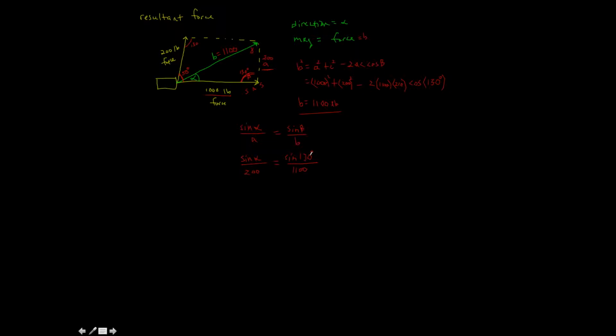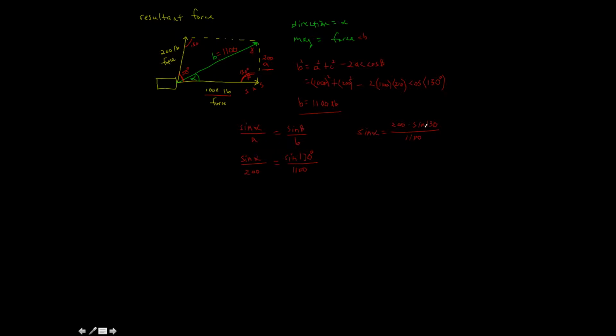Alright, so cross multiply. Now we're trying to find alpha. So what are we going to have to do, folks, to find sine alpha? Well, we need to cross multiply and divide first. And so that gives you sine alpha equals 200 times sine of 130 all over 1,100.